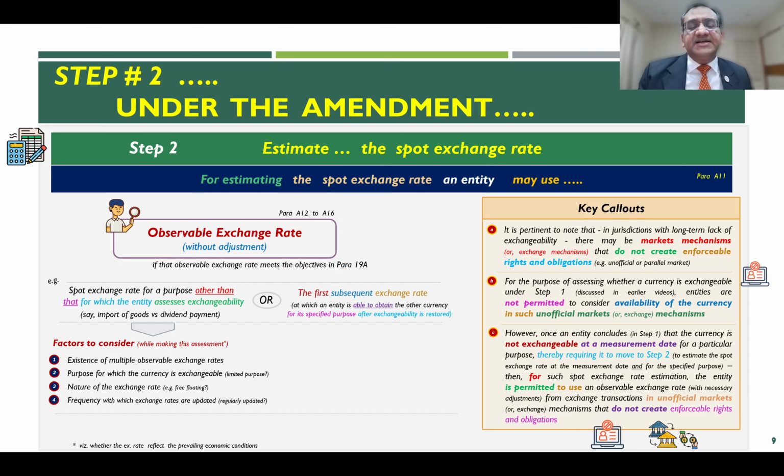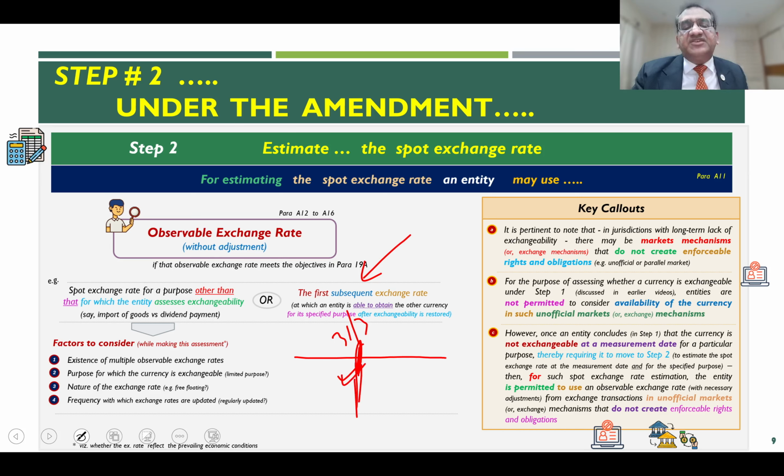Second, you may also use the first subsequent exchange rate at which the entity is able to obtain the other currency for the specified purpose after exchangeability is restored. Let us take a simple example in the timeline. Let us say this is your year-end date, 31st of March. When you are preparing your financial statements at this point in time, exchangeability did not exist.